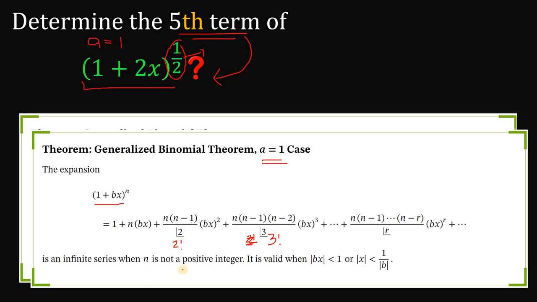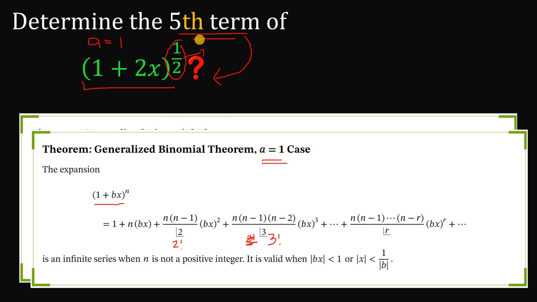It is an infinite series where n is not a positive integer. It is valid when the absolute value of x is less than 1 over the absolute value of b.